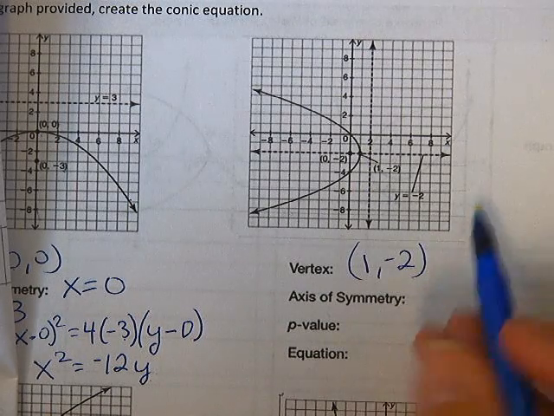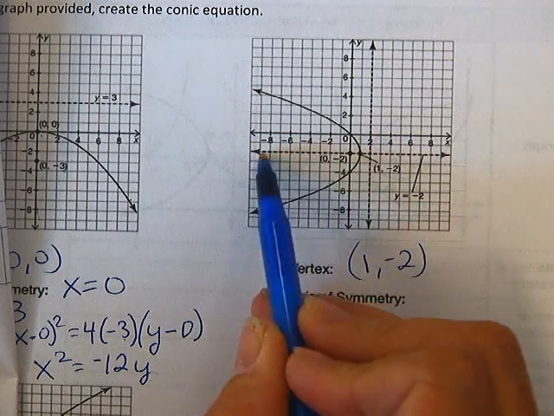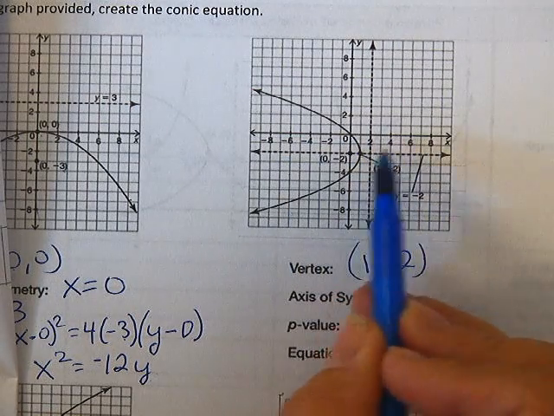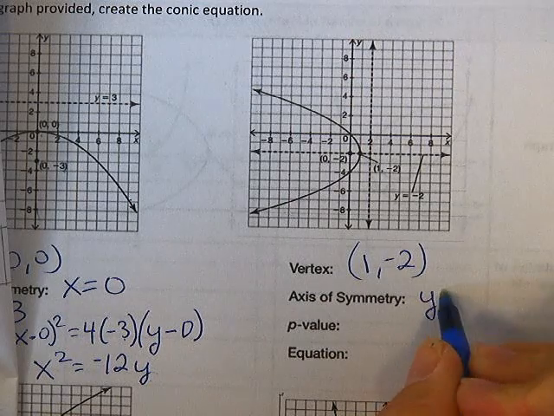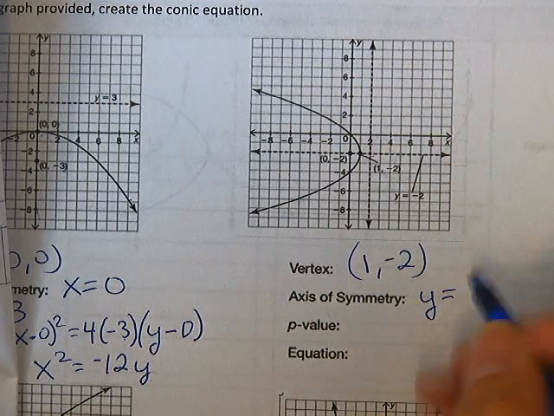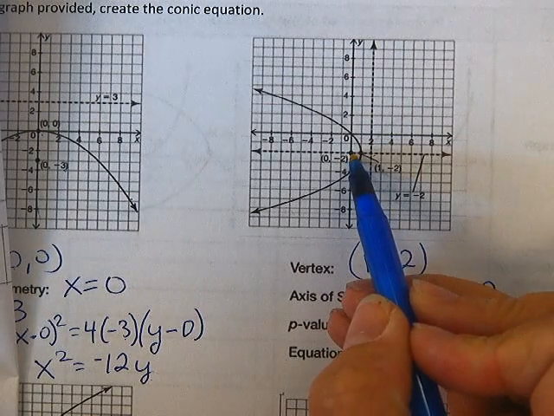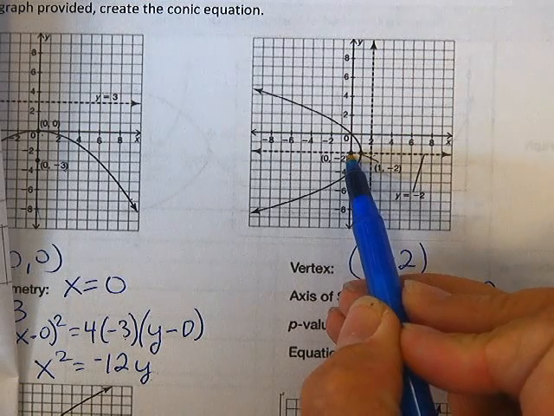The axis of symmetry, it's even drawn in for us. Now this axis is a horizontal line, so it's going to be y equals, and the value of k, so negative 2. Our p value, here's our focus, here's our vertex.